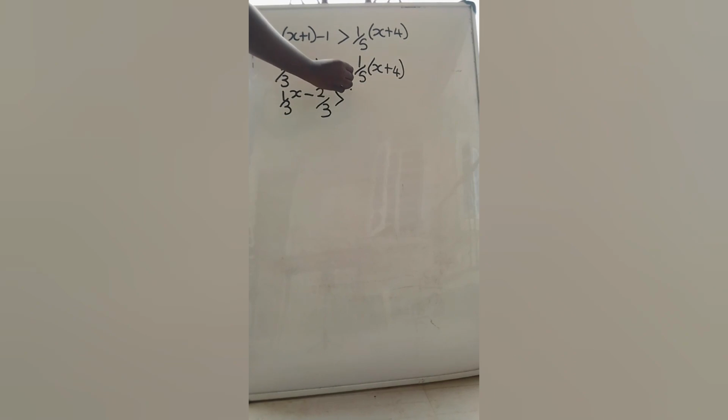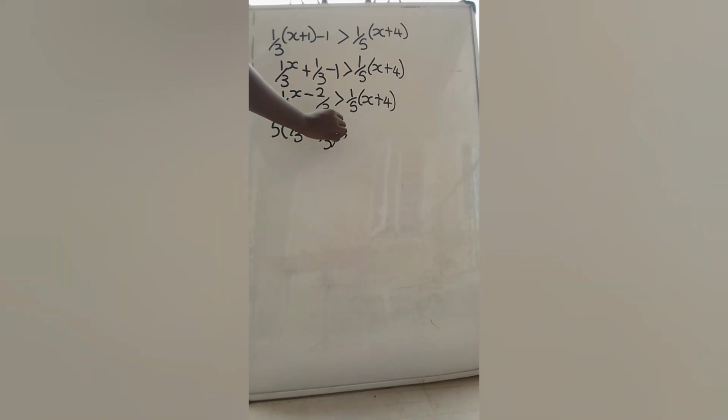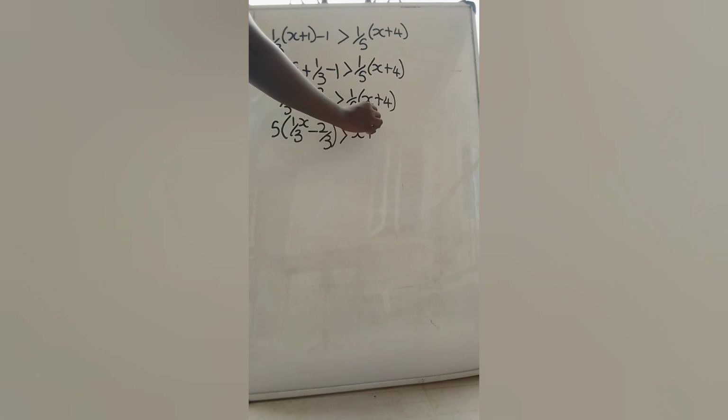is greater than 1 over 5 times x plus 4. Now, we eliminate this 5 by multiplying both sides by 5. When we do that, this will be 5 over 3x minus 10 over 3 is greater than x plus 4.